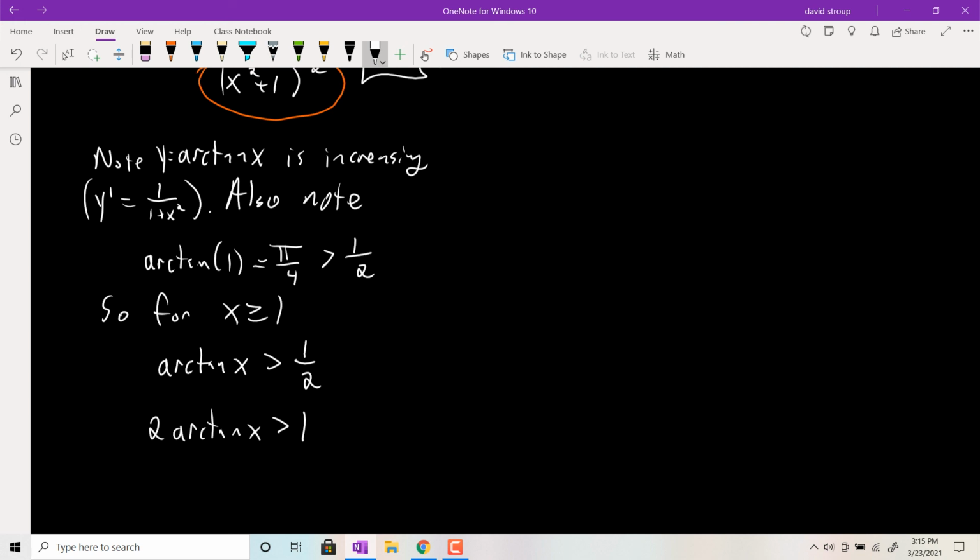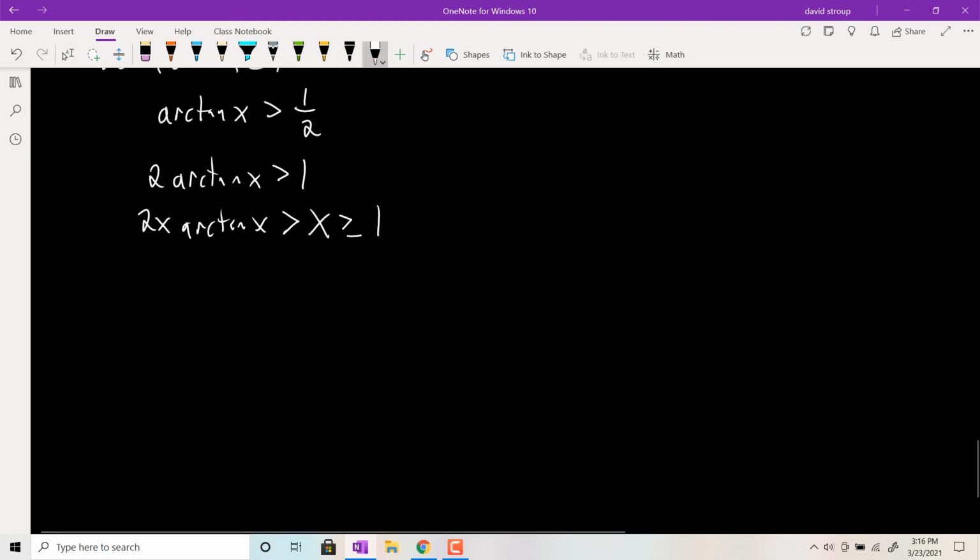And then what else? Well, I can multiply both sides by x, and so long as x is greater than or equal to 1, that's not going to change the inequality direction at all. So we get 2x arctan of x is greater than x. And of course, because x is greater than or equal to 1, this must be greater than or equal to 1.